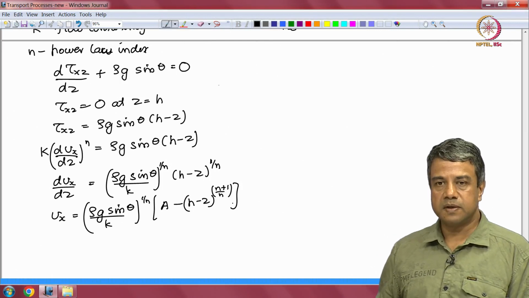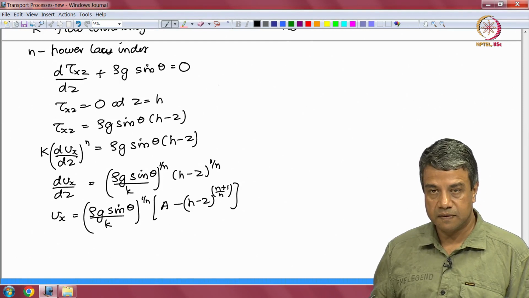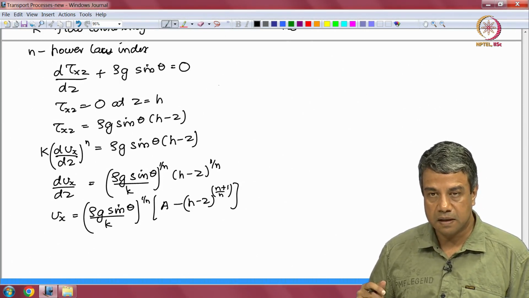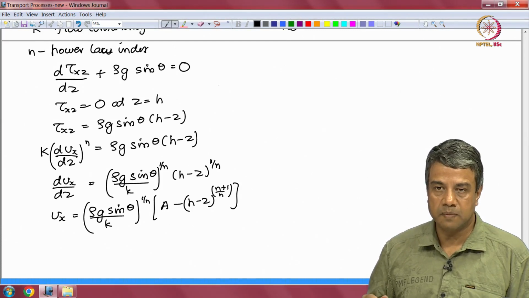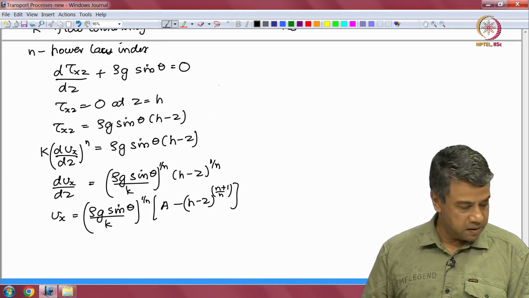Negative sign because I am integrating h minus z, which is the negative of the integral of z, and the integral of a variable power 1 by n is that variable power (n plus 1) by n, or 1 plus 1 by n.